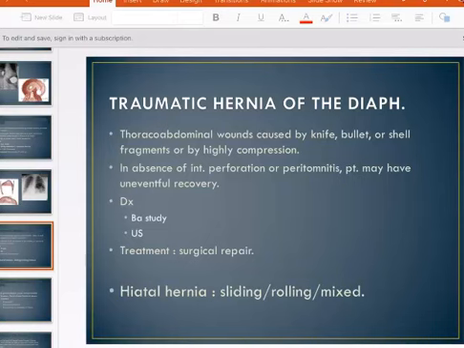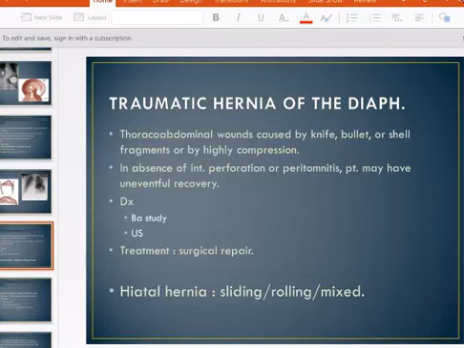In the absence of internal perforation or peritonitis, the patient may have an uneventful recovery. Today if a patient comes with a stab and I see there is no perforation of the diaphragm, or the perforation is very small, especially on the right side because it is protected by the liver, maybe I put it under observation, with no need for intervention.